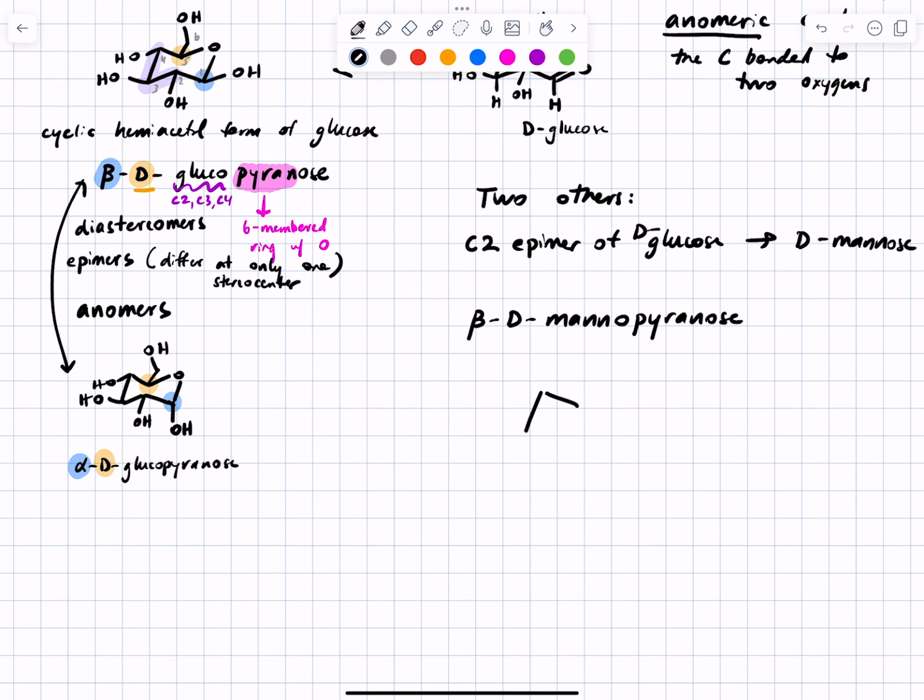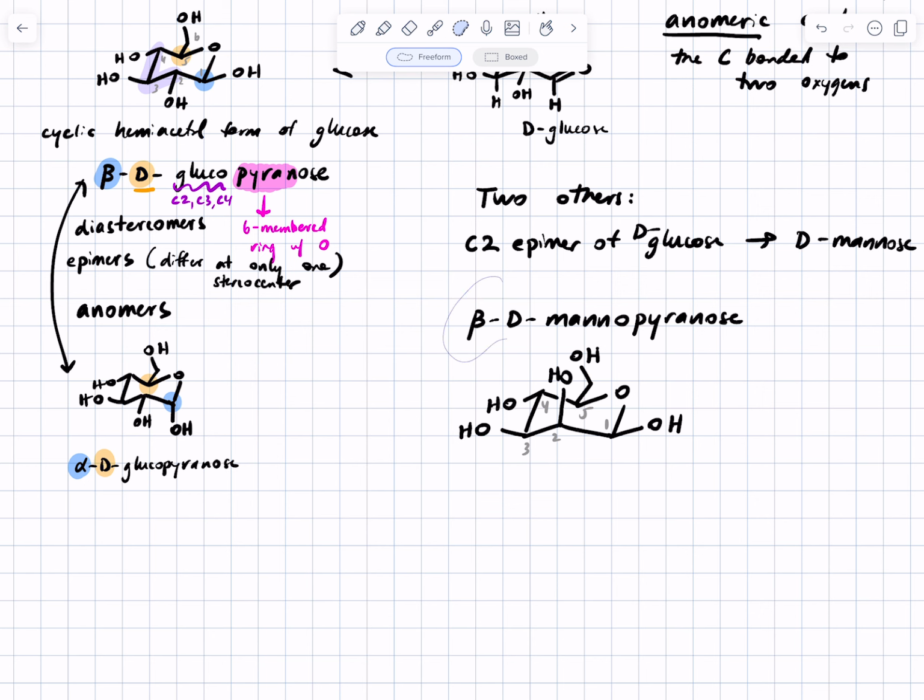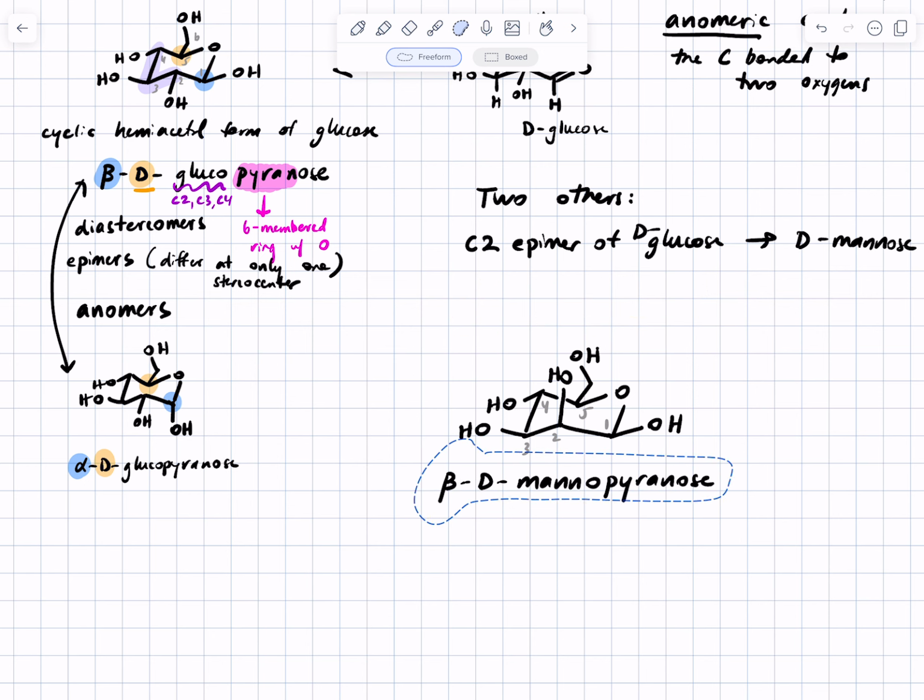So you start out with the chair, and you're going to keep everything exactly the same as it is in glucose, only at C2, where instead of the OH group being equatorial down, it's now going to be axial up. And of course, this bond between carbons 4 and 5 is behind the up axial OH group. So that's beta-D-mannopyranose.